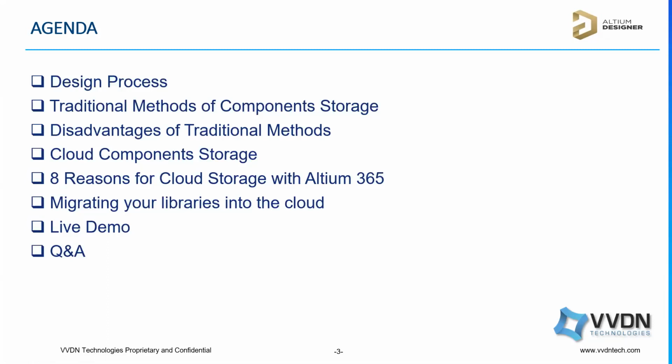Then we'll talk about cloud component storage in Altium 365 cloud space. After that, 8 reasons for cloud storage with Altium 365. Then migrating your existing libraries into the cloud space. After that, live demonstration and Q&A section. So if you have any questions, please ask during the Q&A section.